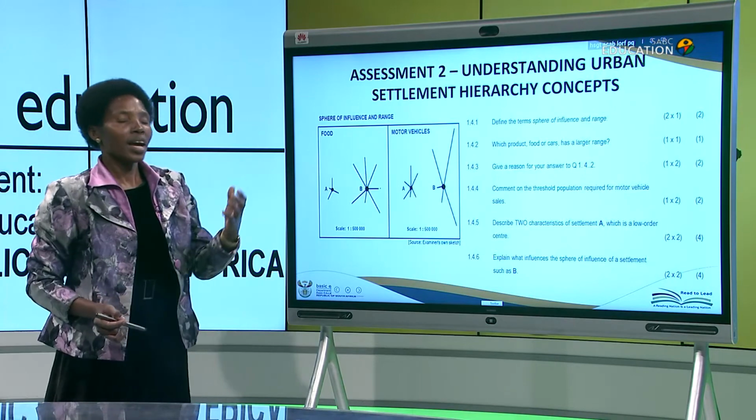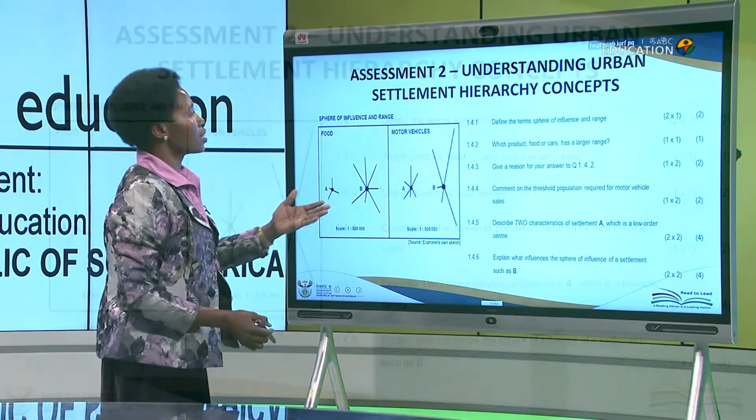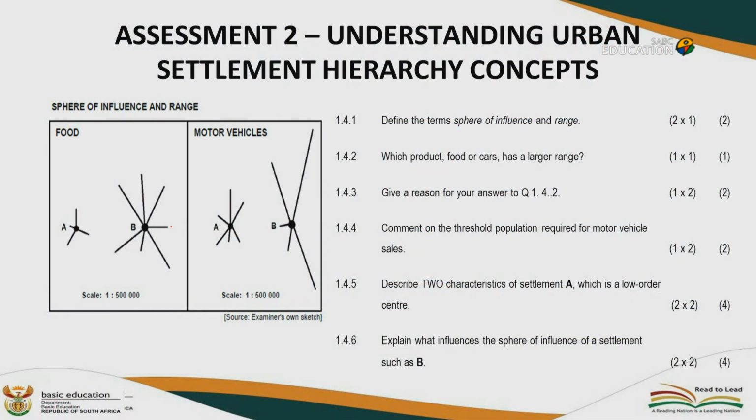Okay, let us look at another activity. With this activity, just look at understanding of urban settlement hierarchy concepts. Remember, today we're dealing with concepts. So even here, they are looking at whether you understood what a sphere of influence and a range are. We have the annexure, as I told you. We have questions, so study the annexure.